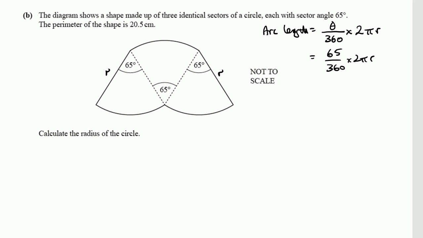That gives me 65 times 2 pi is 130 pi r over 360. Let's just divide by 10 on top and bottom because that's a fairly straightforward thing to do. 13 pi r over 36, here, and here, and here.